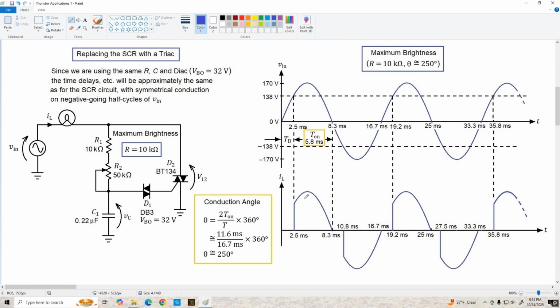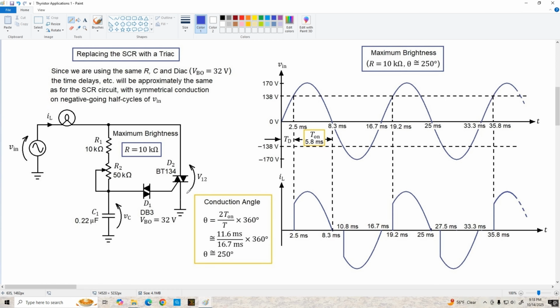But the thing that happens is that once we hit the negative going half cycle of the input, the DIAC will trigger on for negative VBO, that is negative 32 volts, which will trigger on the TRIAC, and then we get conduction for this part of the negative half cycle. So at maximum brightness, this is what the current waveform for our load looks like.